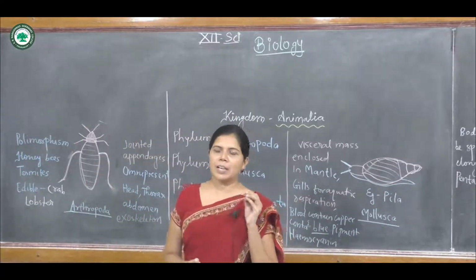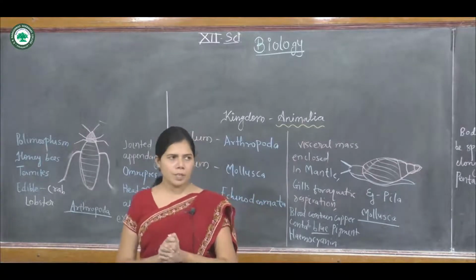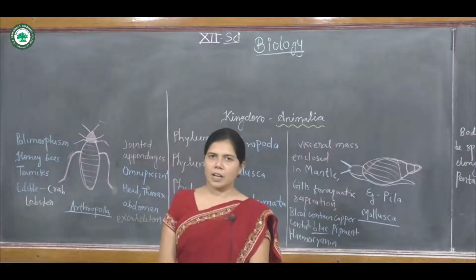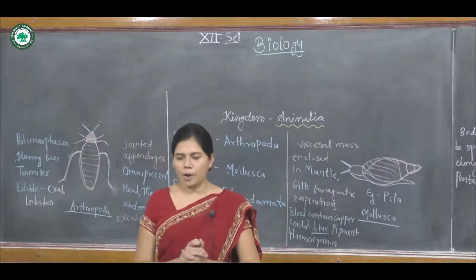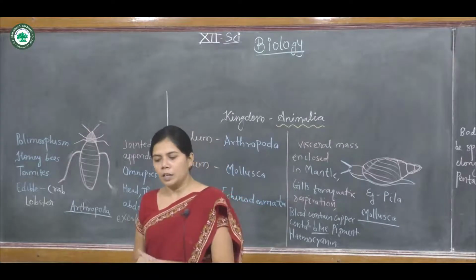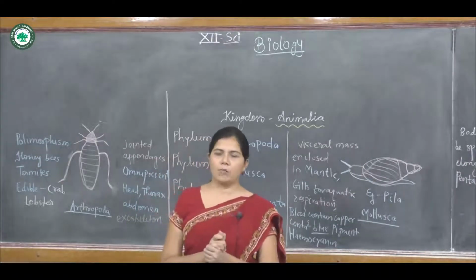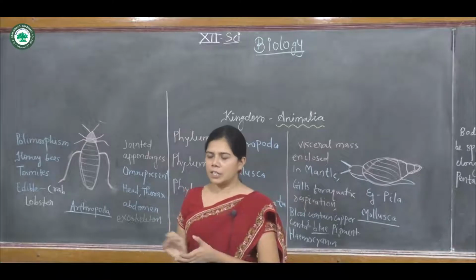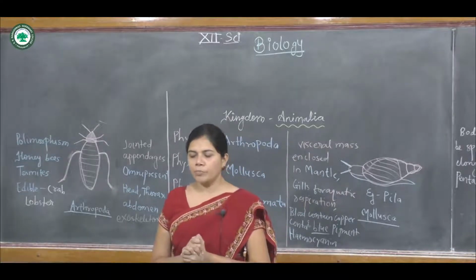The sexes are separate in the arthropoda, showing sexual dimorphism. The sense organs are antennae as well as eyes for vision, present in the cockroach also.